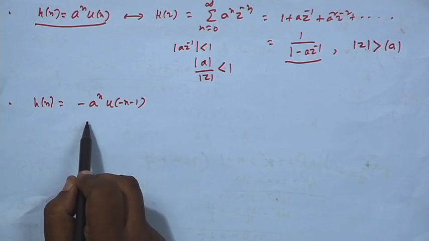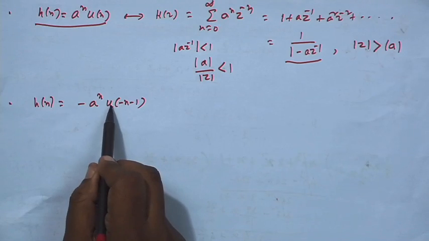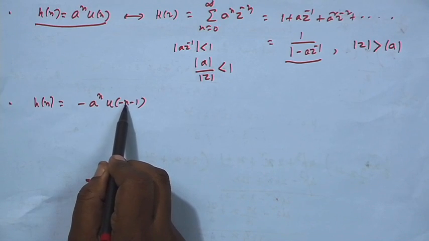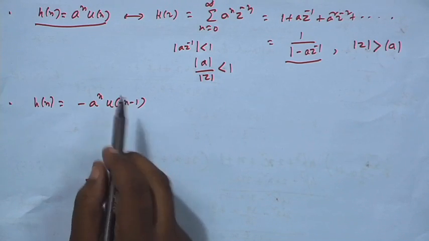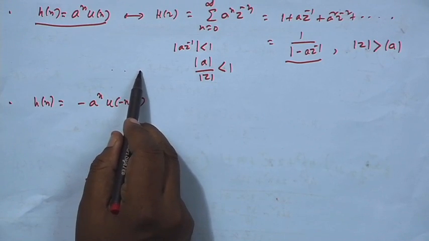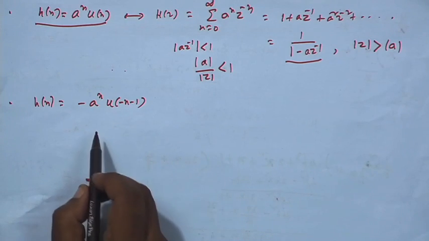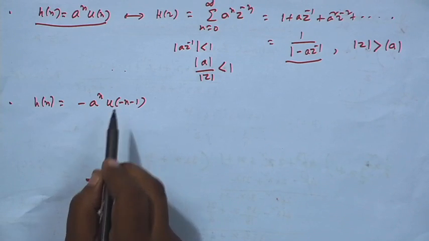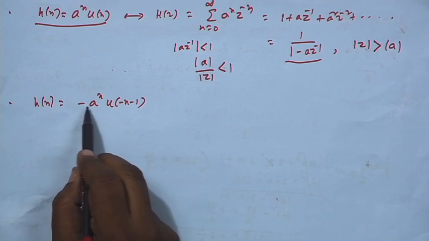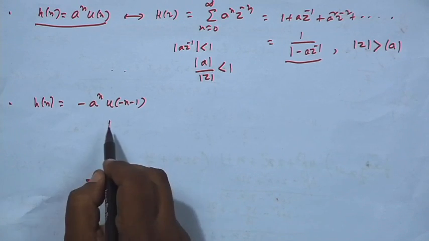What is this sequence? If you put n equal to 0, u minus 1 is 0; n equal to 1, u minus 2 is 0; n equal to 2, u minus 3 is 0. So, as you go rightward, this value is 0. But if you start at n equal to minus 1, minus minus plus, plus 1 minus 1 is 0, u 0 is 1. So, it will be minus a to the power minus 1. Okay.